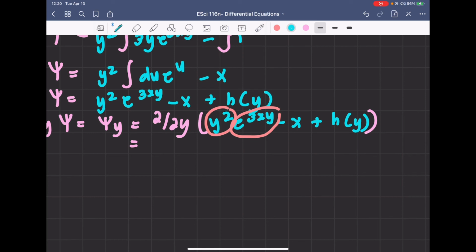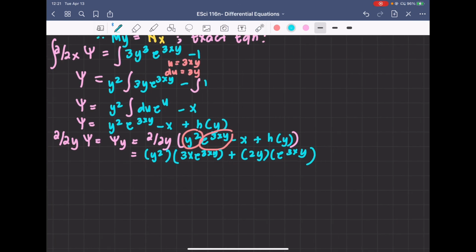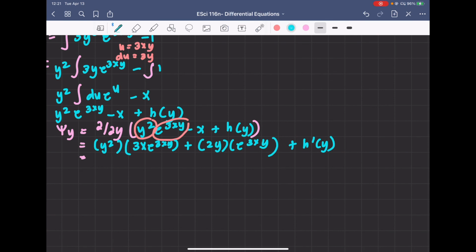So that's writing our first term, y squared, then the derivative of the second term with respect to y, that's 3x times e raised to the power of 3xy, plus 2y times e to the 3xy, then plus h prime of y. So this is 3xy squared times e to the 3xy plus 2y e to the 3xy plus h prime of y.